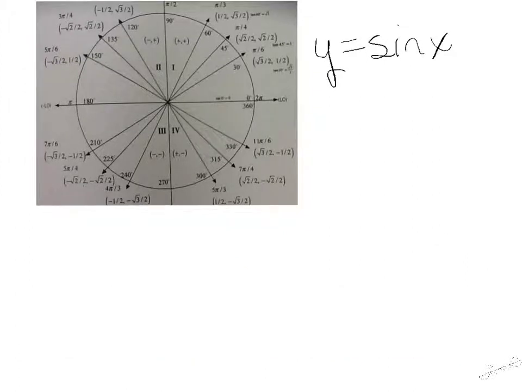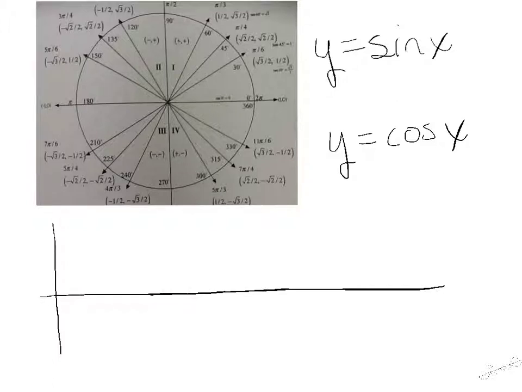Okay, now we want to look at the graph for y equals the cosine of x. I'm going to graph my y and my x-axis, and we'll do the same thing that we did before.